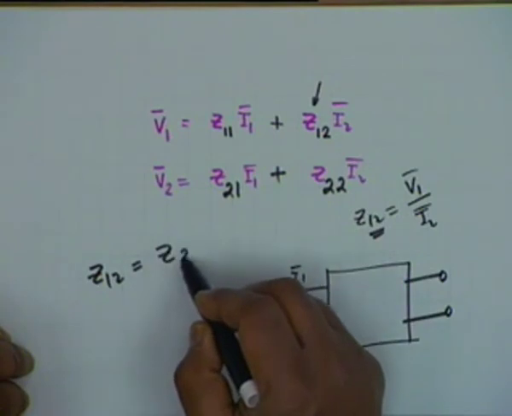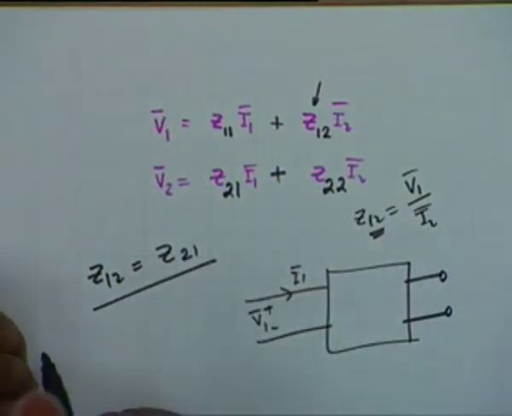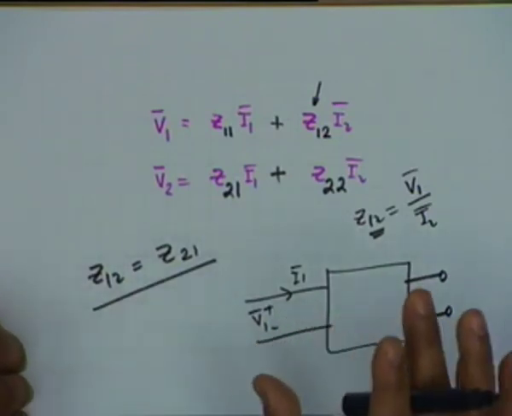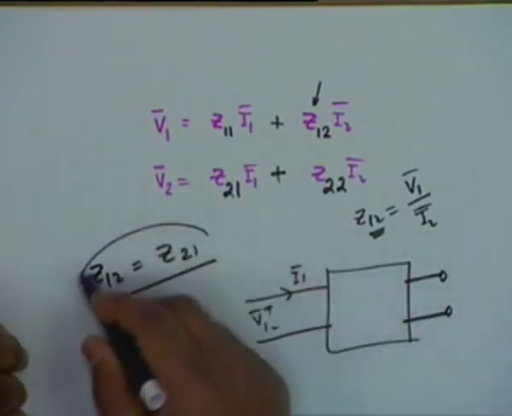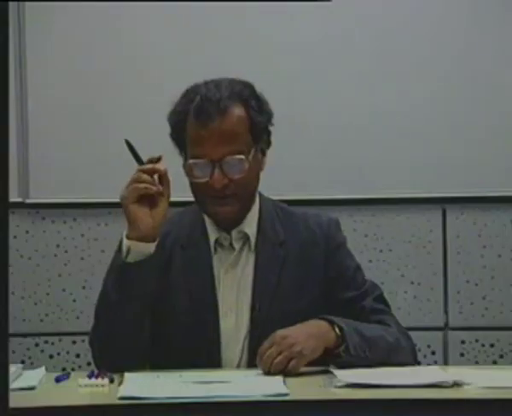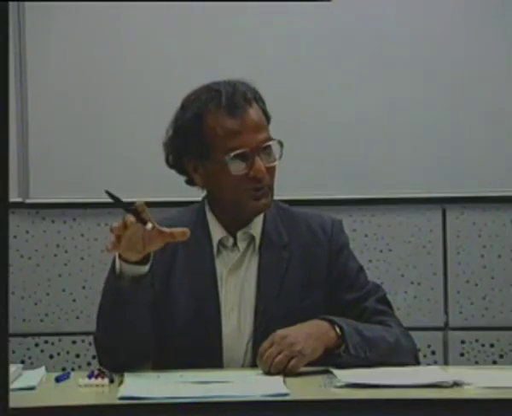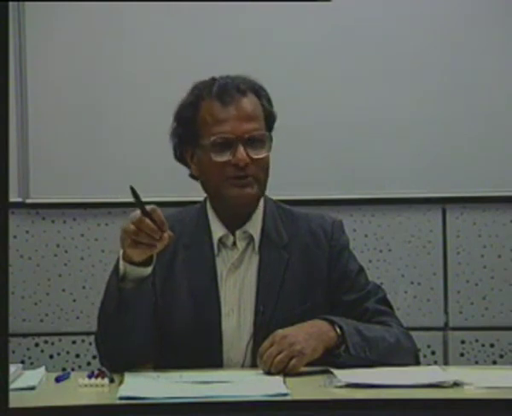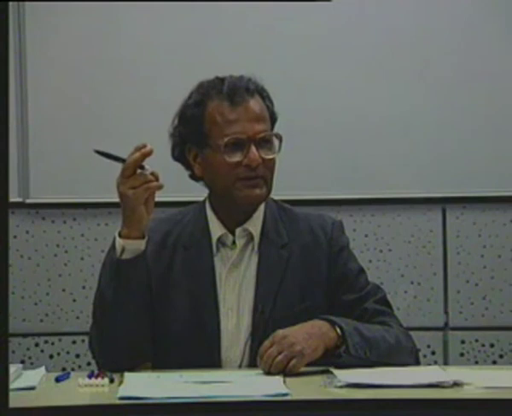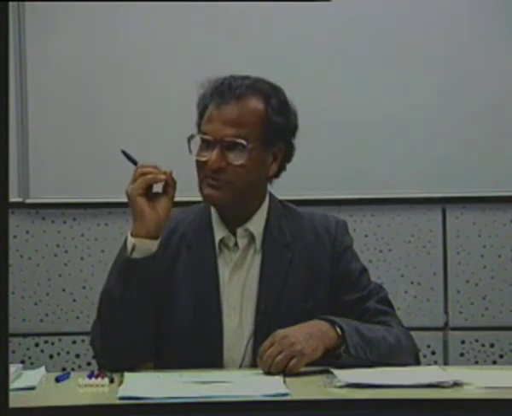Z12 should be equal to Z21. All right. If the reciprocity theorem is obeyed, then this should be satisfied. What does this mean? That in order to describe a 2-port, we do not require 4 parameters. We require only 3, provided the network is reciprocal.